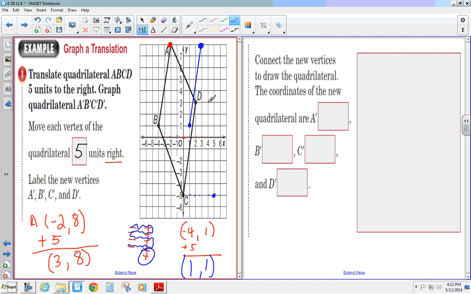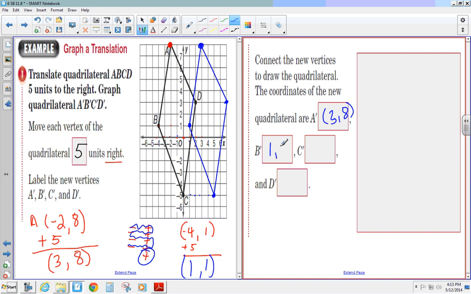And what we've done now is you now have a graph that is moved. It's shifted. And we came up with 3, 8 by just adding, and 1, 1 by adding. You could now draw the graph and come up with the points.